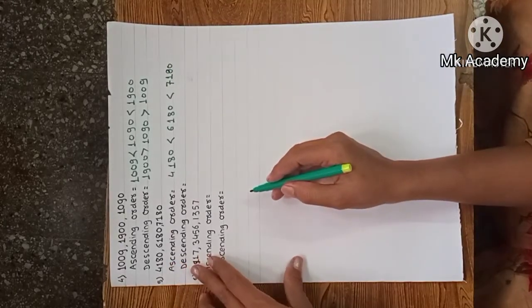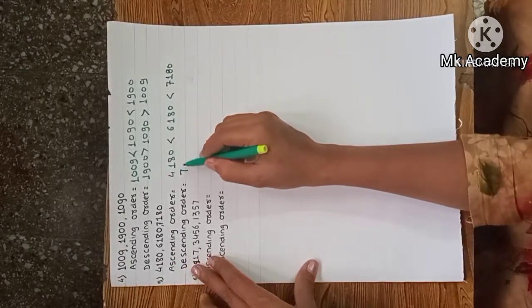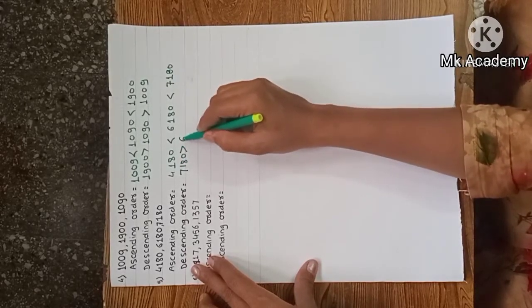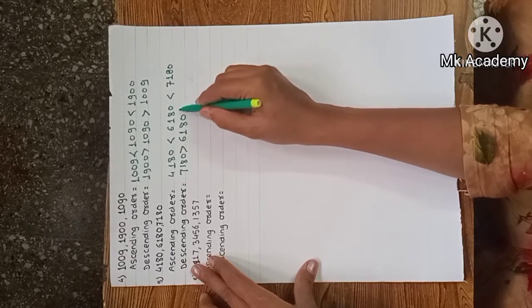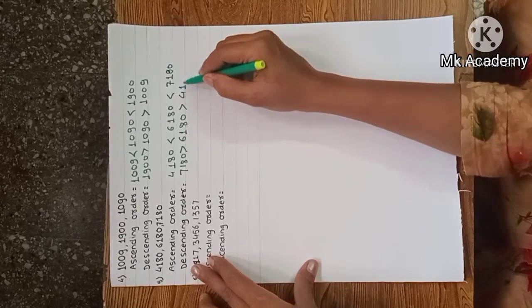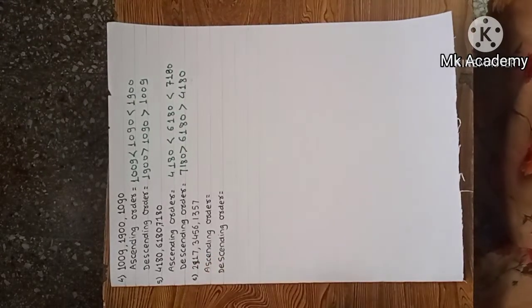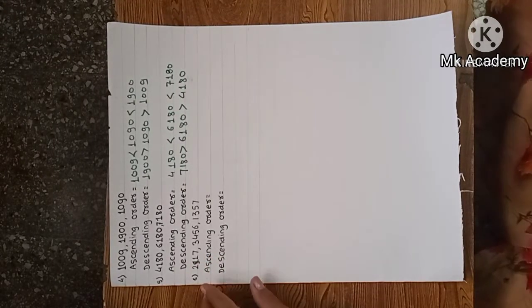Now descending order. 7,180, 6,180, 4,180. Understood?